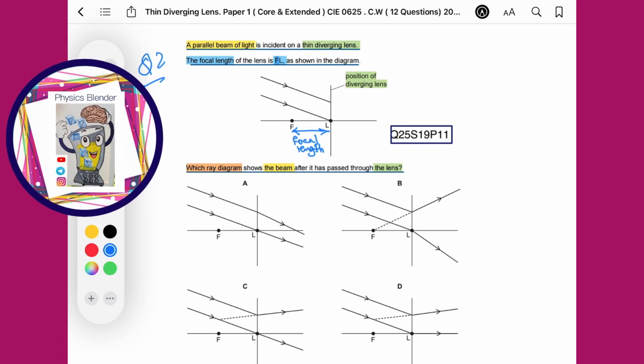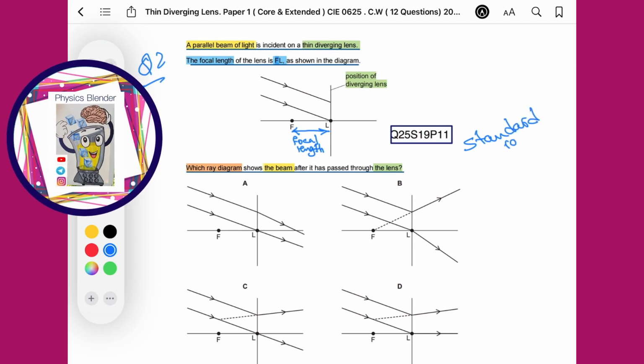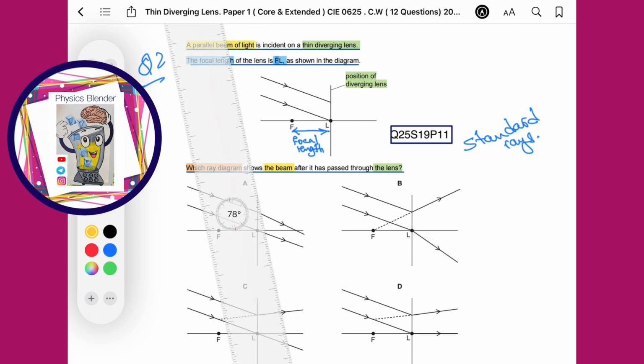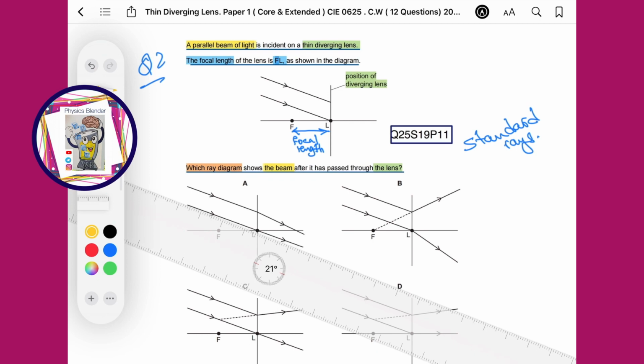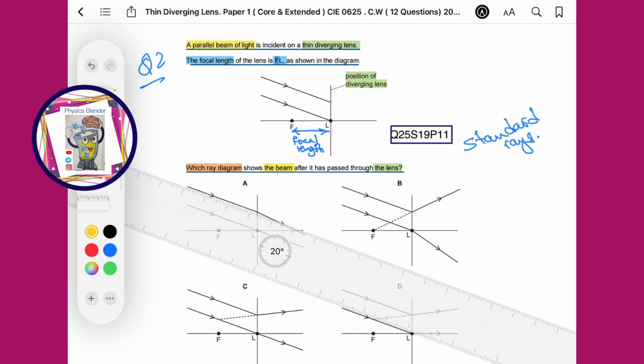You have to follow the standard rays. What are the standard rays we have here? The one passing through the optical center undeviated. Let's check. So this one is okay, undeviated, but this one is converging, not diverging.